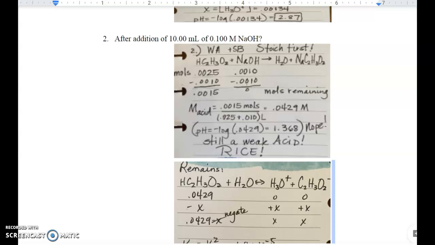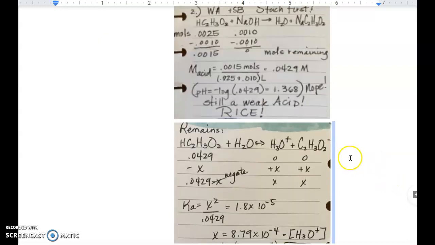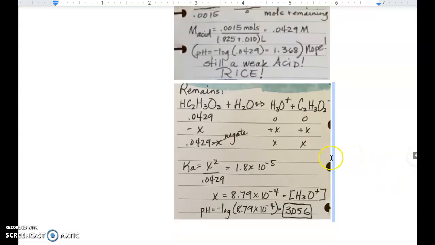Now, you might be tempted to use pH equals negative log, but this is a weak acid. We have to use a rice table. We're not allowed to use negative log at this point in time. So now we're going to scroll down to, yes, the good old rice table.